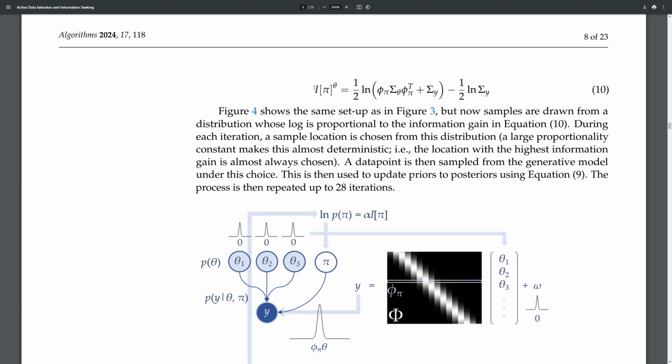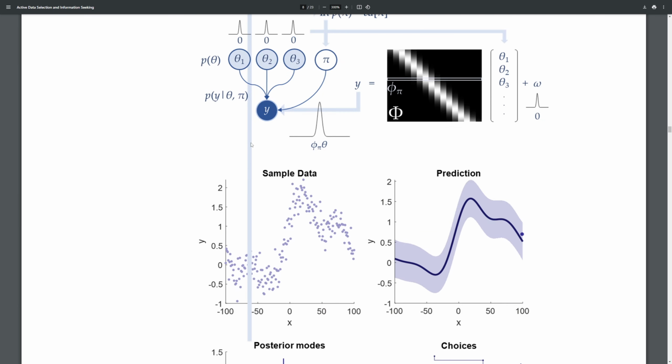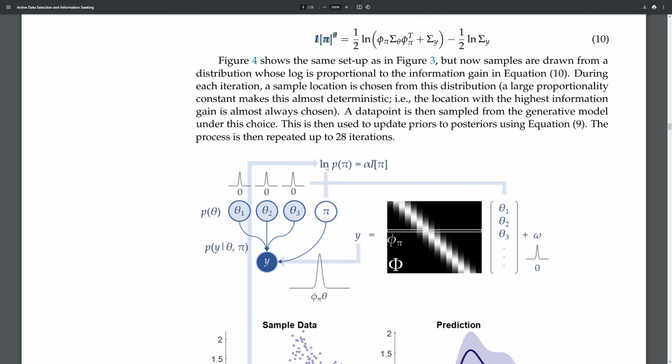So based on the generative model that we just pitched a second ago, we are going to get this information content out of it. That simply means that the posterior modes are going to be plugged in, based on the information content, to figure out what our policy is going to be. And this is just going to be measured by multiplying by some constant, and then you're going to have the information content right there.